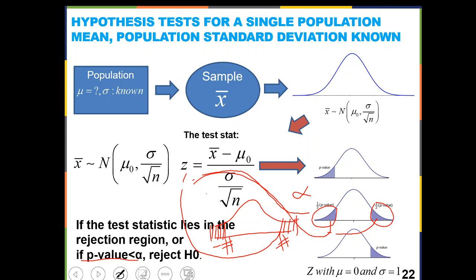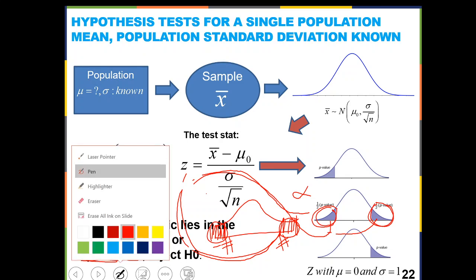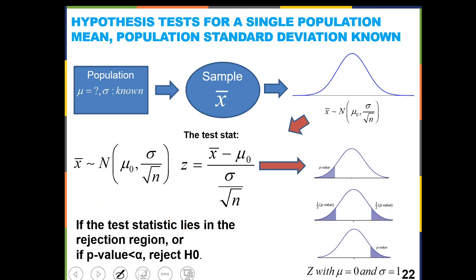Or we can just directly take this number under a z distribution and see how much area is to the right of it and how much area to the left of a negative of that number, and then use that p-value. The way we reject is that if p-value is smaller than alpha, we reject. That means if this area is smaller than this blue area, we reject. And that makes sense because how can that happen?